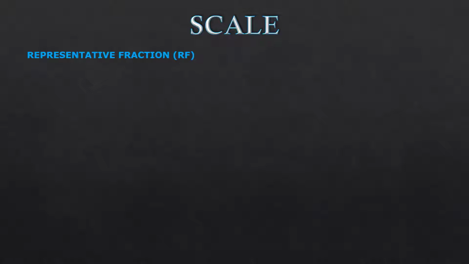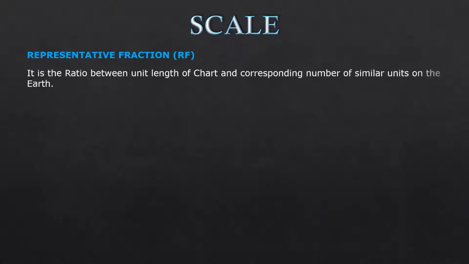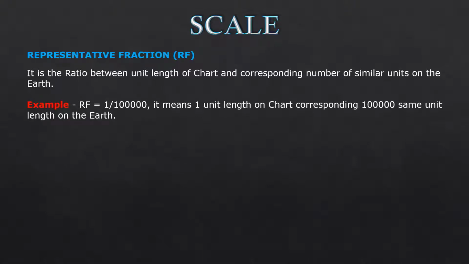Representative fraction, or in short RF, is the ratio between unit length of chart and the corresponding number of similar units on the Earth. Example, if RF equals 1 divided by 100,000, it means 1 unit length on the chart corresponds to 100,000 of the same unit length on the Earth.